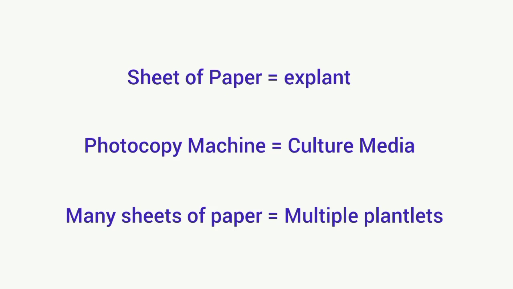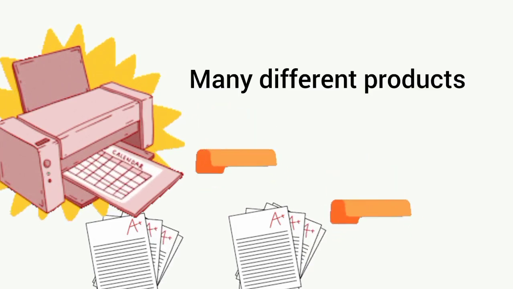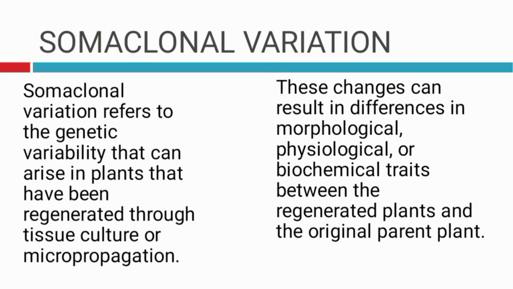But surprisingly, you are going to have this issue of somatic clonal variation, and so you begin to find differences in the morphological, physiological, or chemical characteristics of the plants. So the keywords there are morphological, physiological, and biochemical.